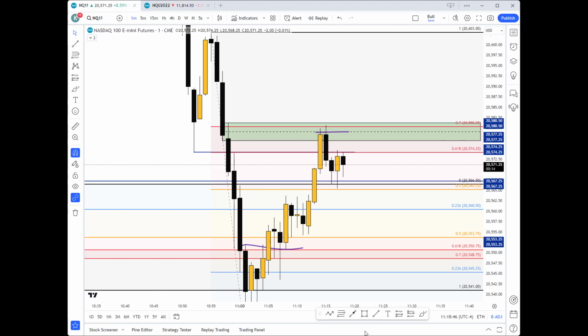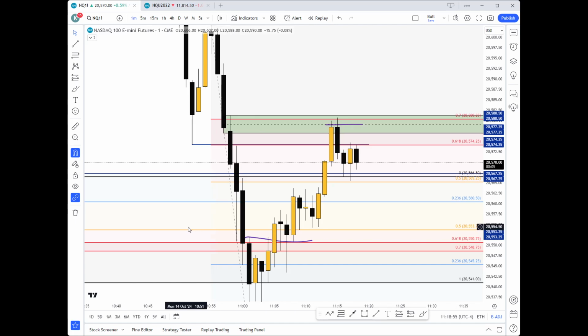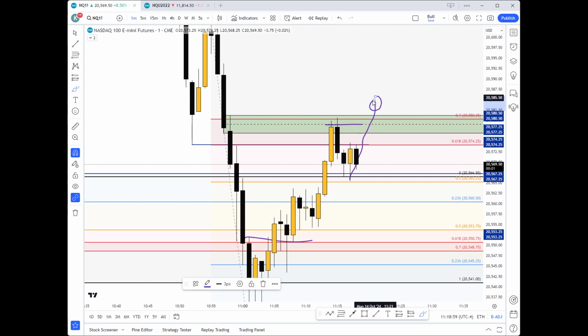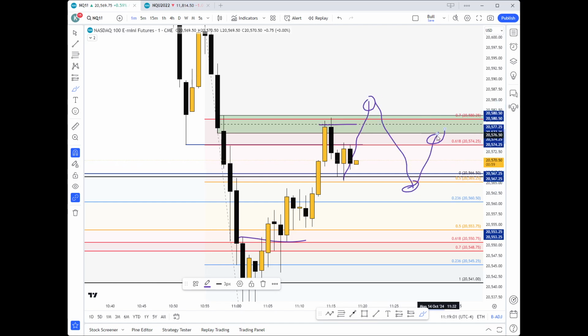What do we get? Higher to go lower, lower to go higher. I think this gives us this, which then does this, and then you might get your movement. But we'll see.